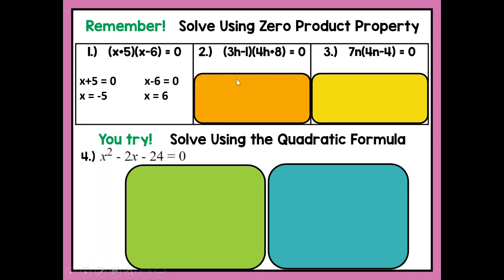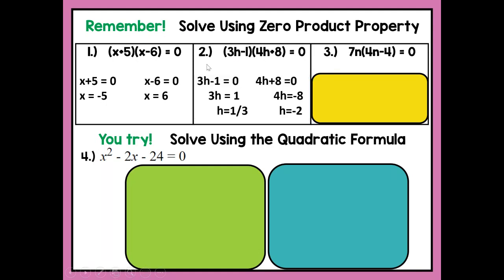Number 2, 3h minus 1, set it equal to 0, and solve. Add 1 to both sides, and then divide by 3, and we find that h is equal to 1/3. Or we could set the second piece equal to 0, 4h plus 8, subtract 8 from both sides, divide by 4, and we see that h equals -2.